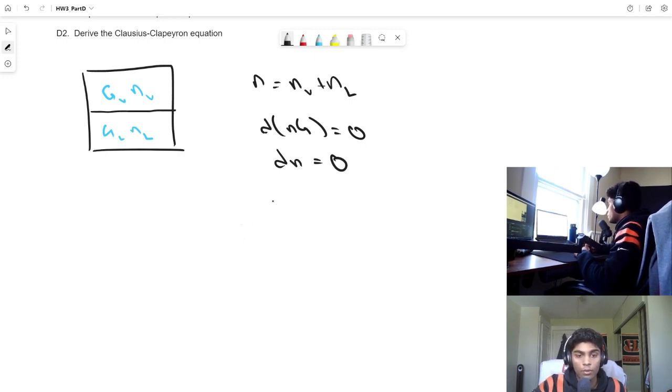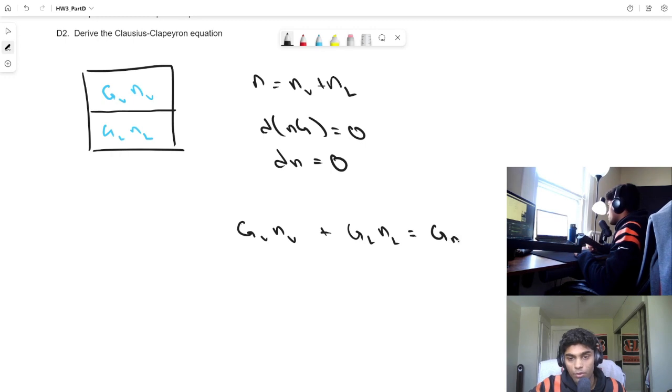So what that would look like is something like this. And that's going to be equal to our total Gibbs energy per mole. I'm going to rewrite it like this. Now, if we were to take the differential of both sides of this equation, we would have to product rule this out. So let's go ahead and do that.